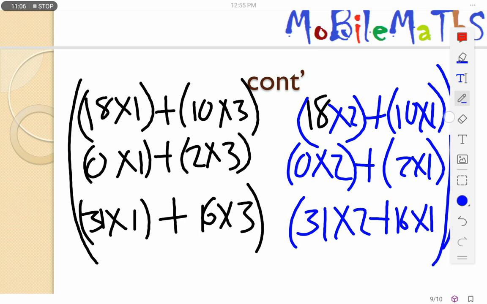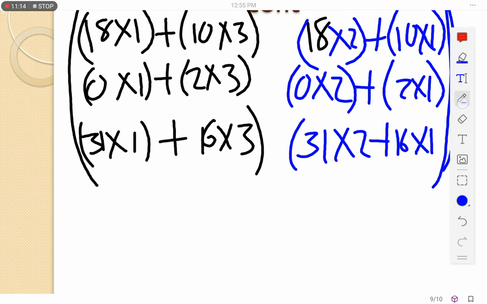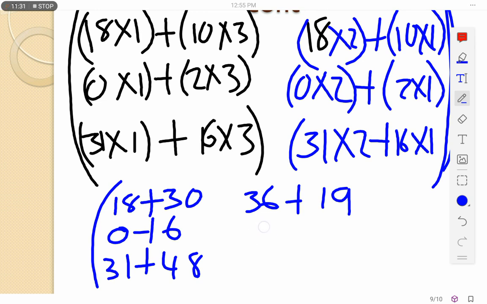Now I'm simplifying every item there. What do I get? First, I've got 18 plus 30, 0 plus 6, 31 plus 48. On the other side, I've got 36 plus 10, 0 plus 2, 62 plus 16.